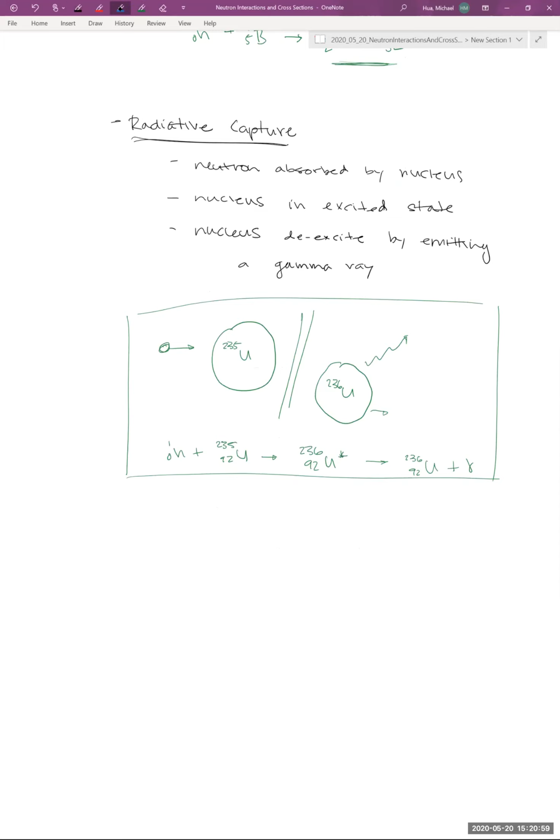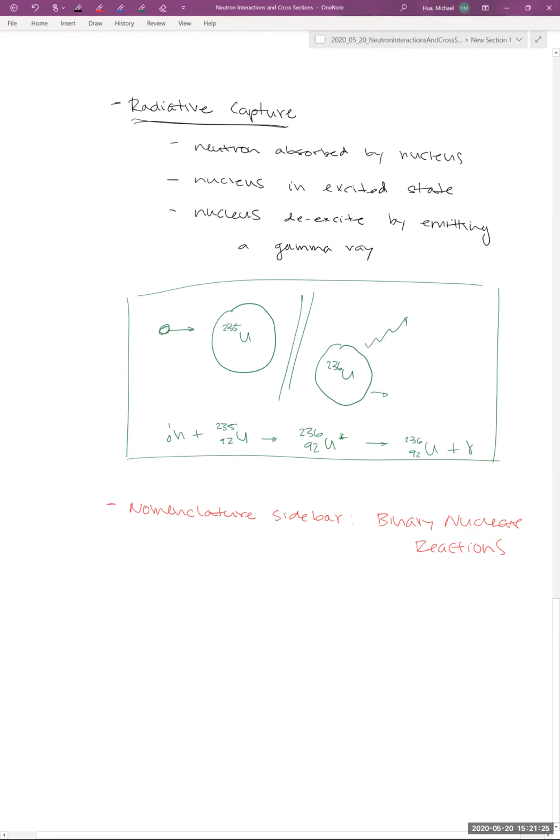So I'll introduce a quick aside, more of a nomenclature sidebar about binary nuclear reactions. Binary nuclear reactions are when you have two things going in and two things coming out, roughly.